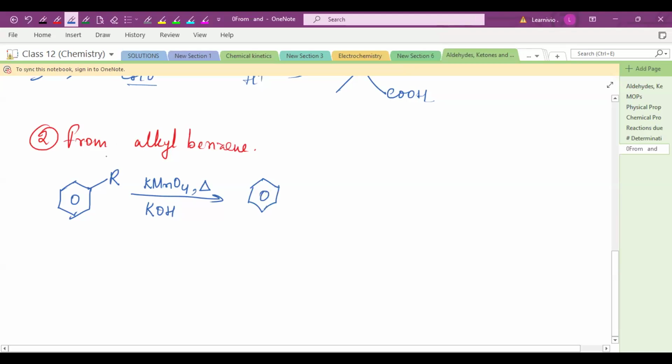So when you add to the alkyl benzene the KMnO4 plus KOH, okay, potassium hydroxide, so alkaline KMnO4, and you are just giving the heat. Okay, so vigorous oxidation आप करा रहे हो. So this alkyl benzene will first be converted into a potassium benzoate. Okay, so this alkyl group, this R group, will get oxidized.